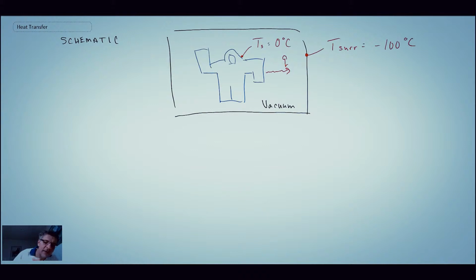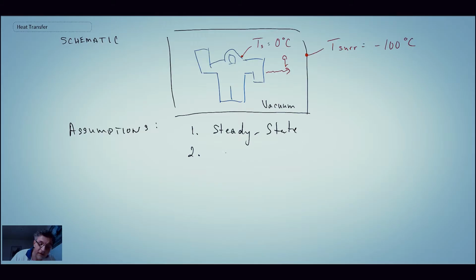So let's make a few assumptions in order to solve this problem. Steady state. So the spacecraft is not going around the Earth and going from a shaded region to a region where we have solar radiation. It's operating at steady state.